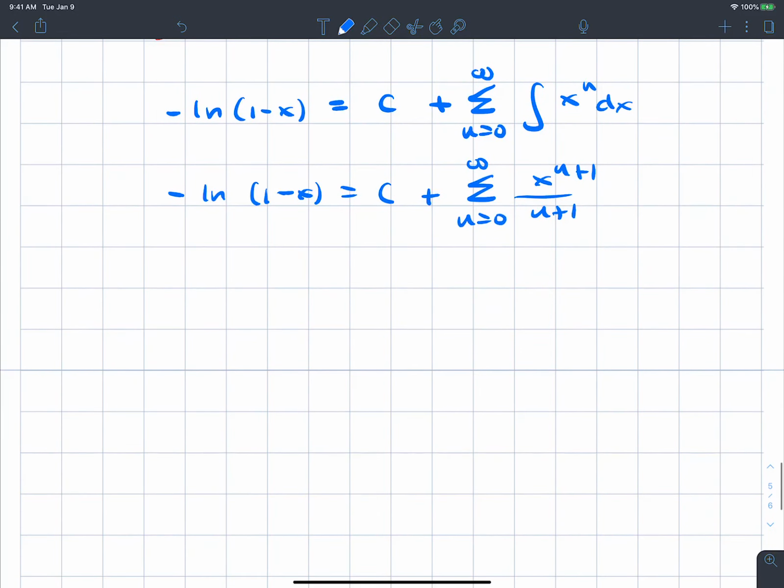Now, just like we did this morning, we're going to let c be 0. If you let x be 0 and plug in, this portion over here becomes minus natural log of 1, which is 0, and this portion over here becomes 0. In other words, the constant c is 0.